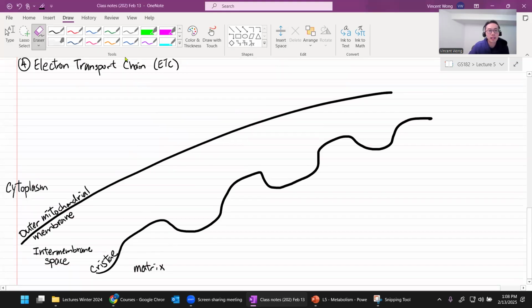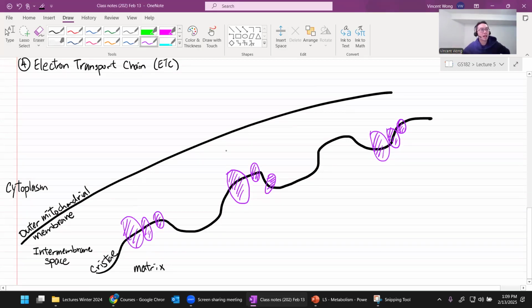So we're talking about the electron transport chain. What are they? Well, electron transport chain, we're going to draw some and try to use color if you can. Electron transport chains are basically a series of membrane proteins that are embedded within the cristae. The cristae are all folded up nicely to increase the surface area.